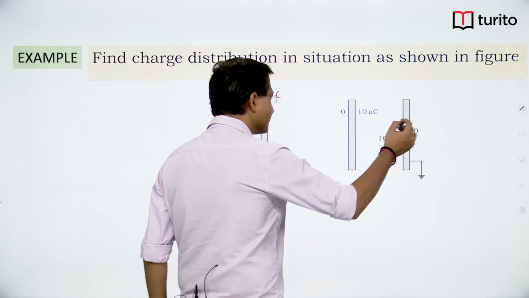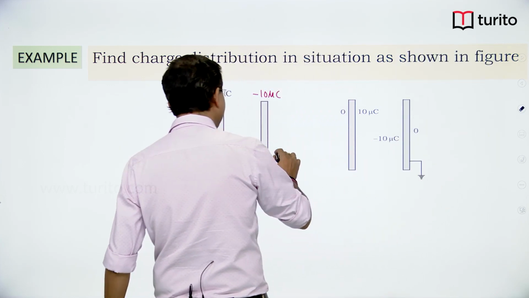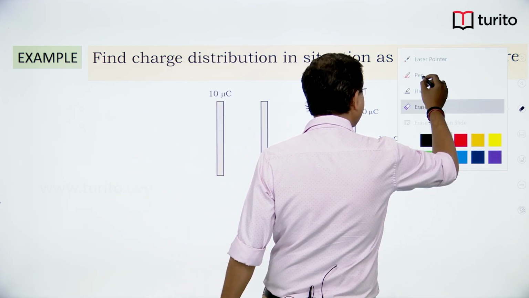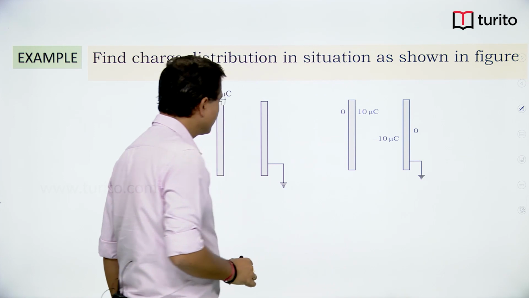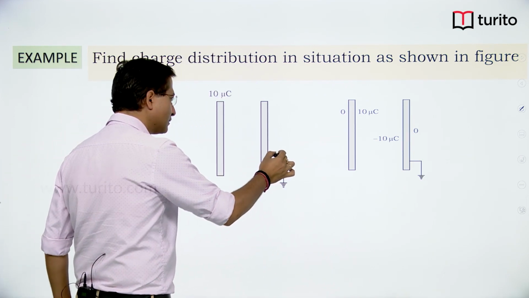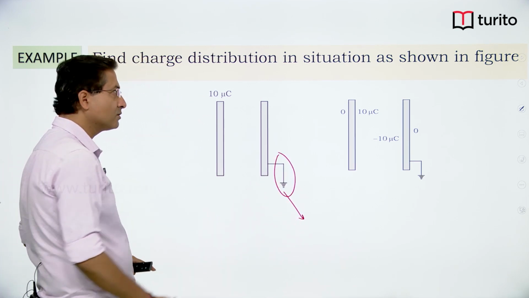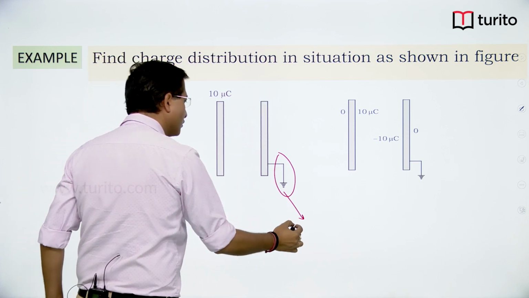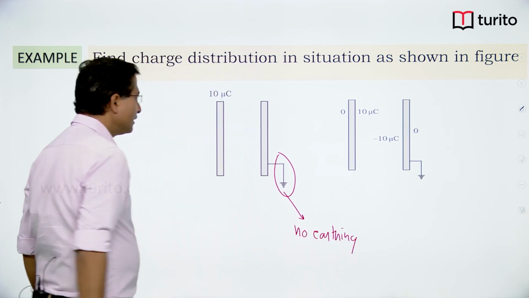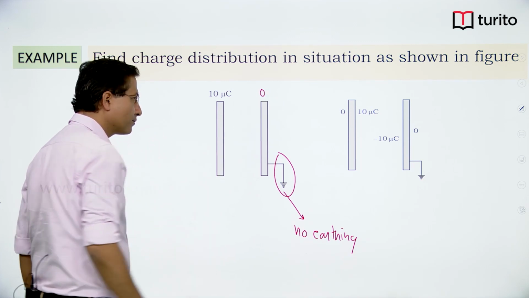What I am saying is, assume that earthing is not there, there is no earthing here, right, and if I give 10 to this one, no earthing. Let us first discuss no earthing. If there is no earthing, this is given 10 microcoulomb charge and this is given 0, right.